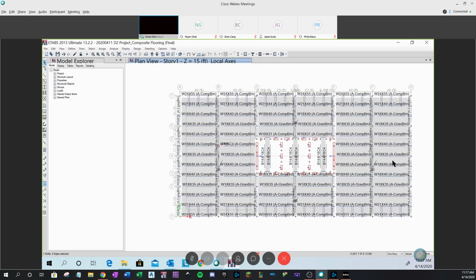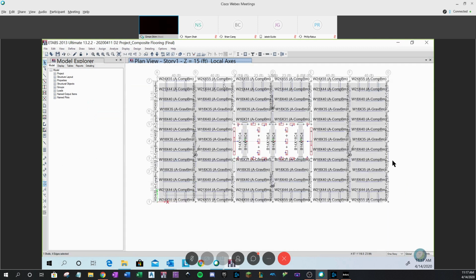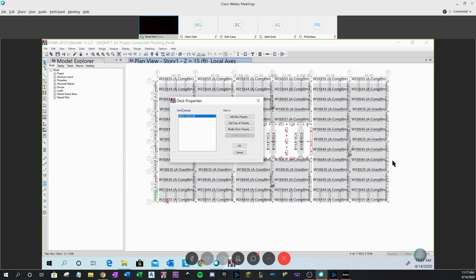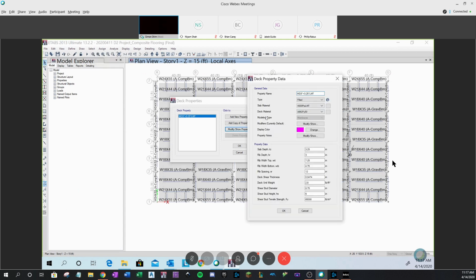But you could see that when you drew that plate, since you chose the metal deck. And I think when you go to deck sections, there is a modeling type here, membrane, right?